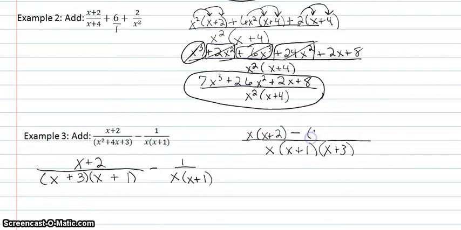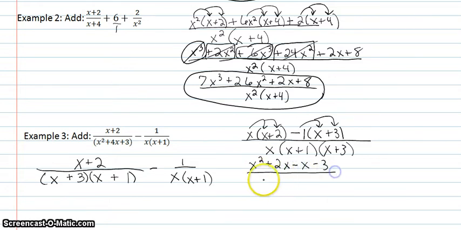So x plus 3, and then put that 1 on the outside, and then we'll use the distributive property. So I'll have x squared plus 2x minus x minus 3 all over x times x plus 1 times x plus 3.